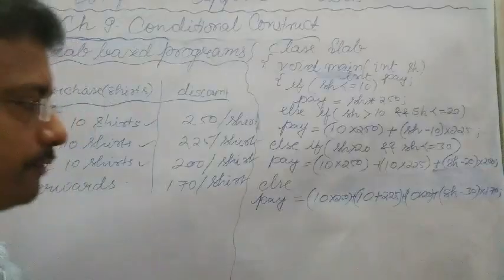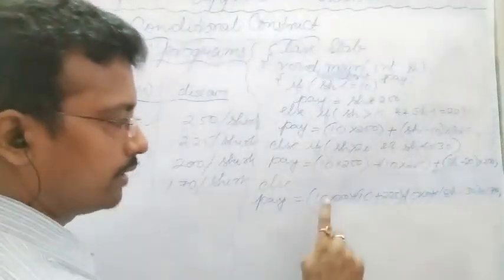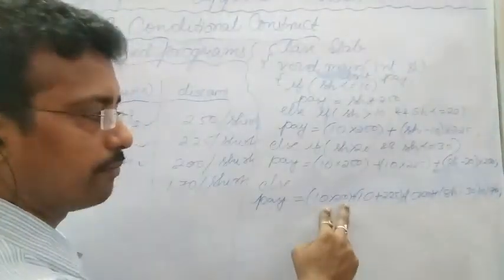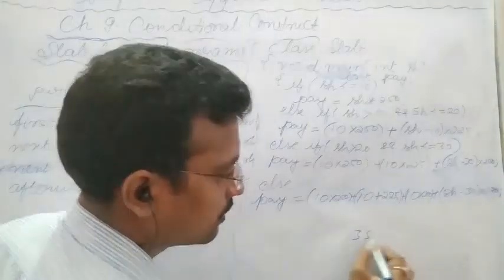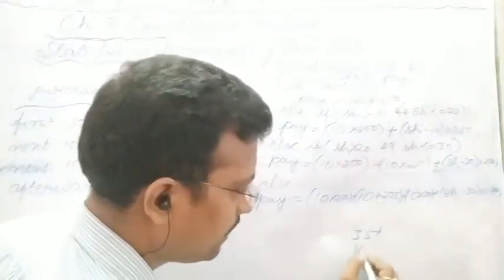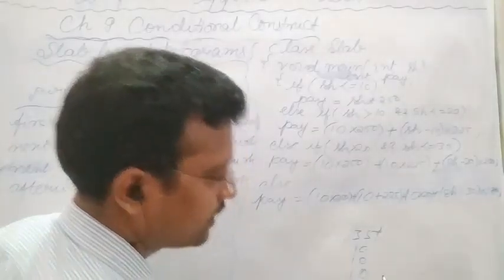Now 35 will be calculated in 4 parts. If someone has purchased 35 shirts, they will be broken into starting 10, next 10, next 10 and 5.